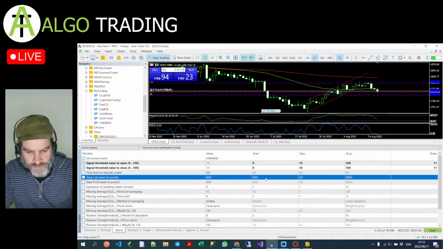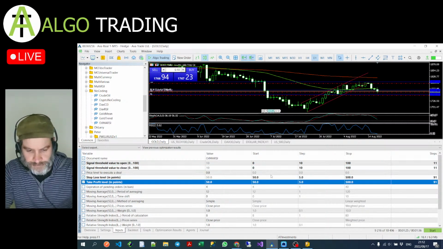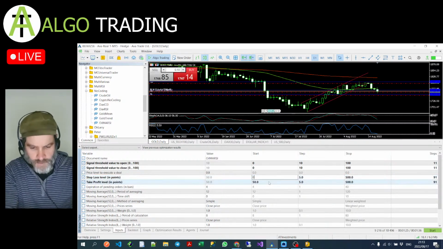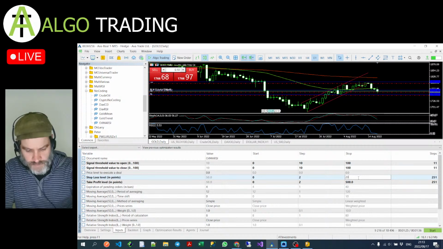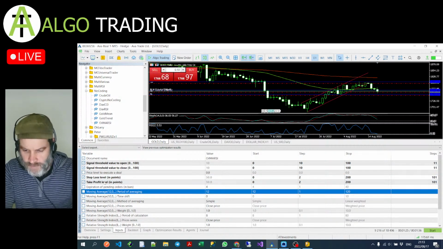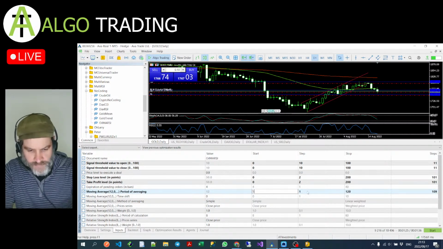Stop levels, I think it was 2, so we start at 0, go in steps of 2, up to 200. Moving average period, we'll start at 5, go up in steps of 5, we'll go to 200.